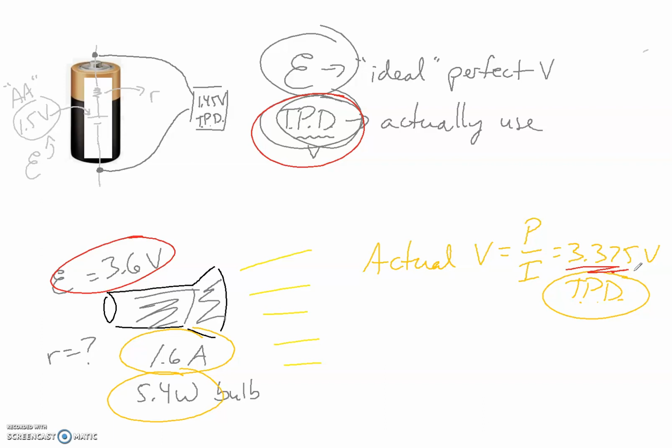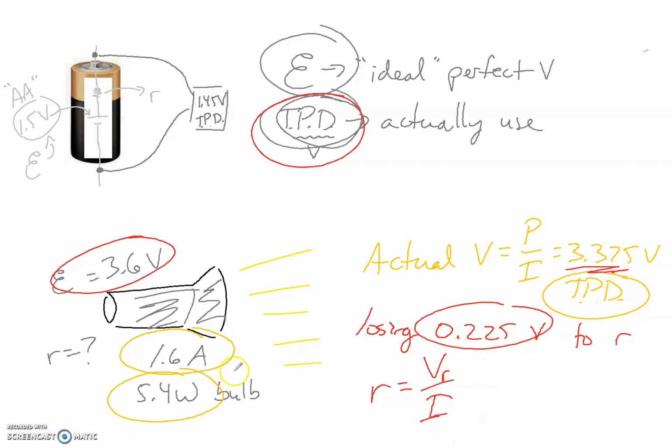So we're losing approximately 0.225 volts to internal resistance. So that's the voltage of my internal resistance. Then to find resistance, that's just Ohm's law, V divided by I: the voltage lost on that little internal resistance, divided by the current that's going through the system.